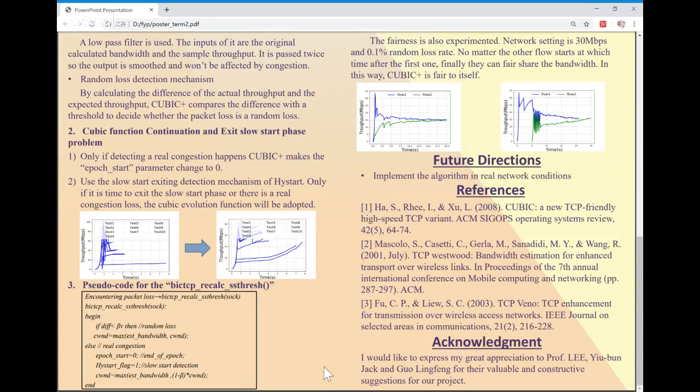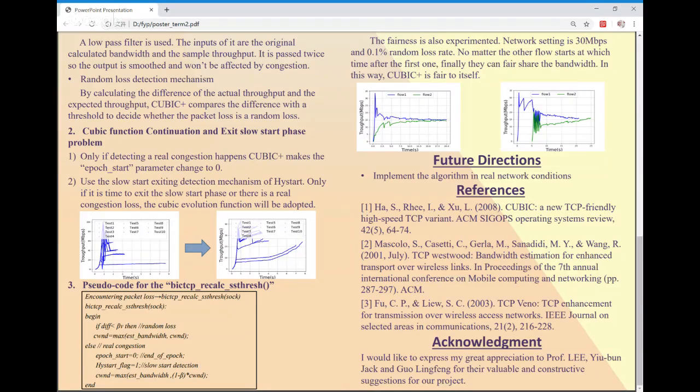After knowing these mechanisms that I use, first I want to talk about what I did last semester in this algorithm, and then I'll talk about the things I added this semester. As you can see from the pseudocode, I changed the function which is called big TCP recalculate ssthresh. First, it will detect whether it is a random loss.